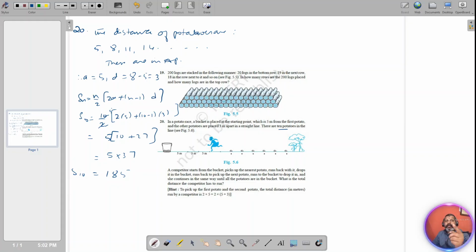So they asked what is the total distance the competitor has to run. That means you have to calculate the to-and-fro distance.